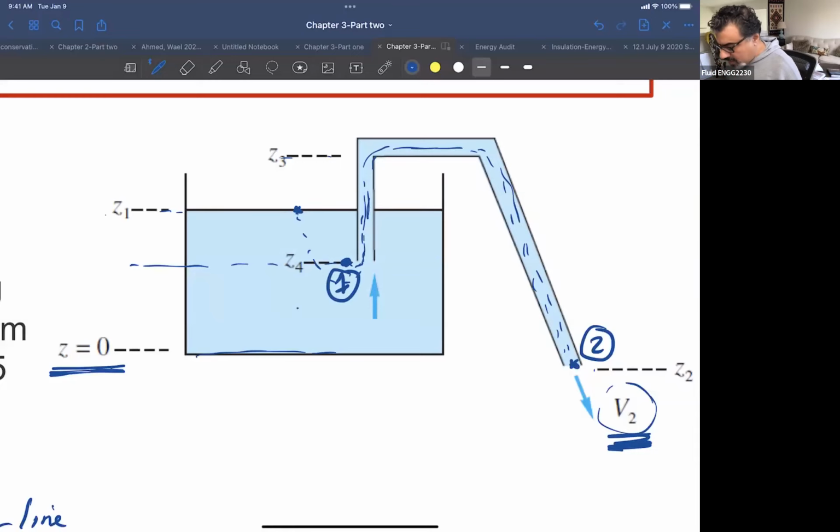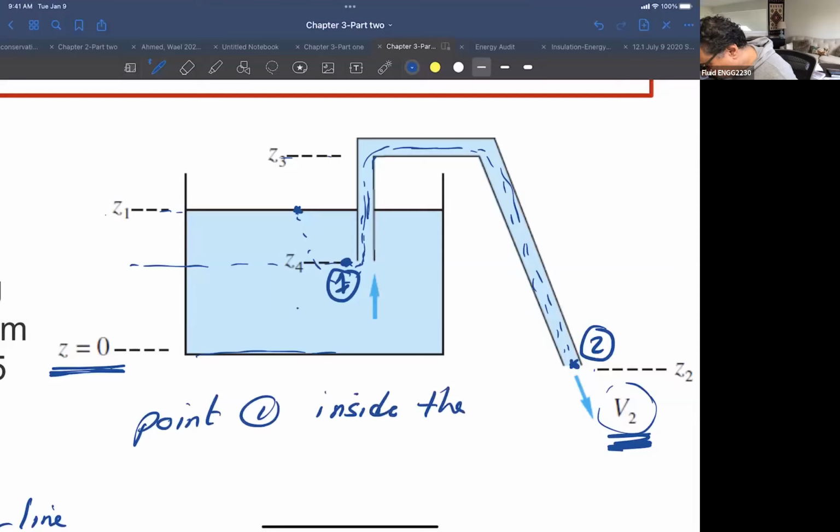Okay. Now for point 1, is point 1 inside the tank? Yes. So V point 1 inside. What is the velocity of point 1?